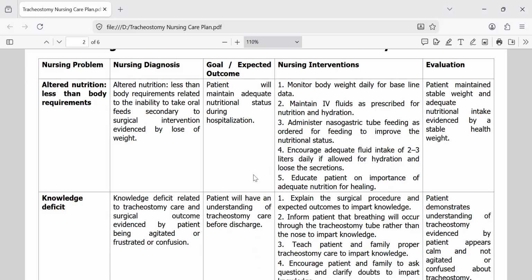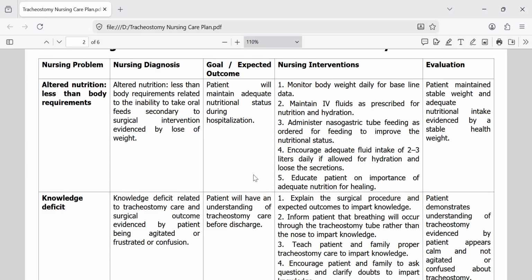Why? Number one, it is because the patient will not be able to take anything orally. Number two, it can also be as a result of pain. So we have to understand that in this patient, there will be problems in relation to nutrition.